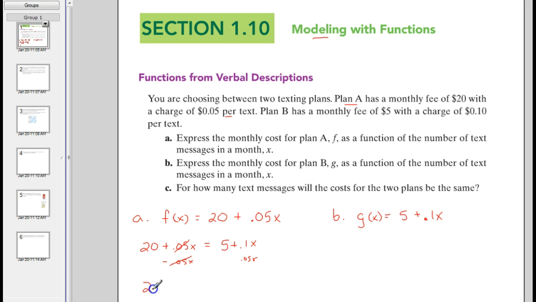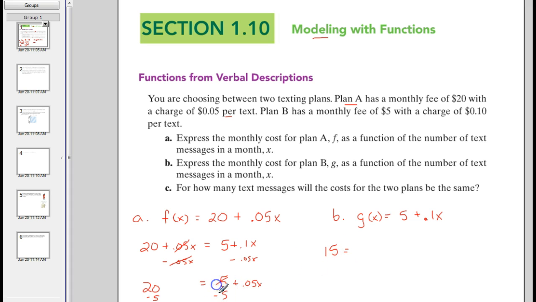So I get 20 equals 5, and then 0.1x minus 0.05x is 0.05x. Okay, and then subtract 5 from both sides. 20 minus 5 is 15.